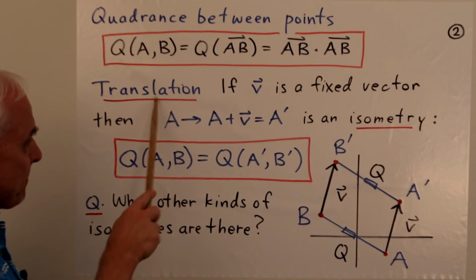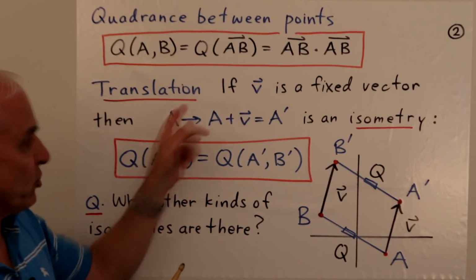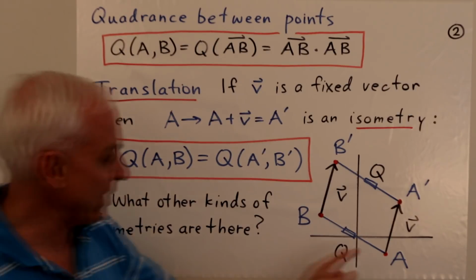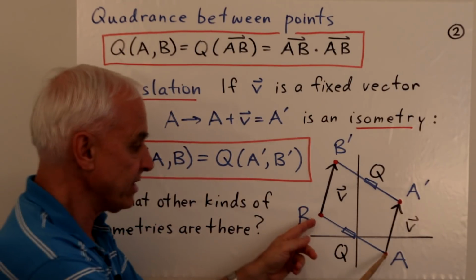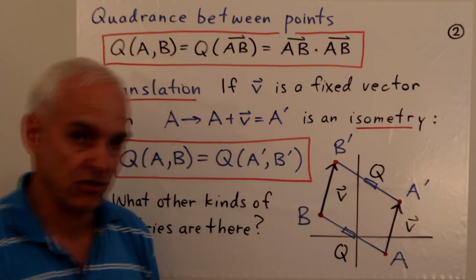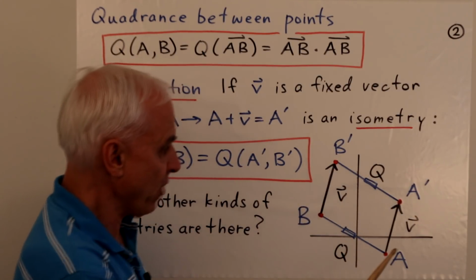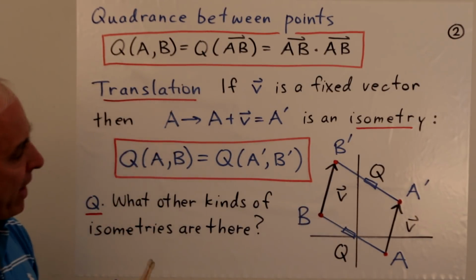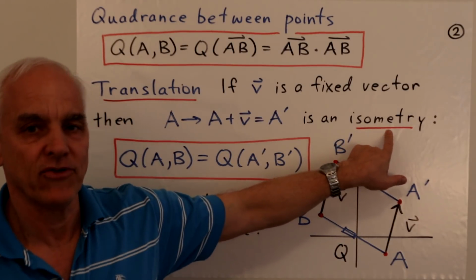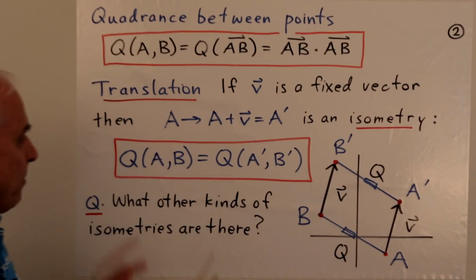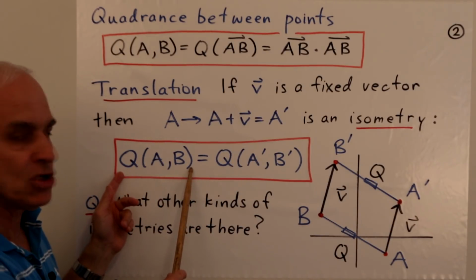And then we can observe that if we have a translation, so if we have a fixed vector, say V, and we decide to translate 2 points, A and B, by the vector V, to get, say, points A prime and B prime, then this transformation is what we might call an isometry. It's characterized by the property that it maintains quadrance.